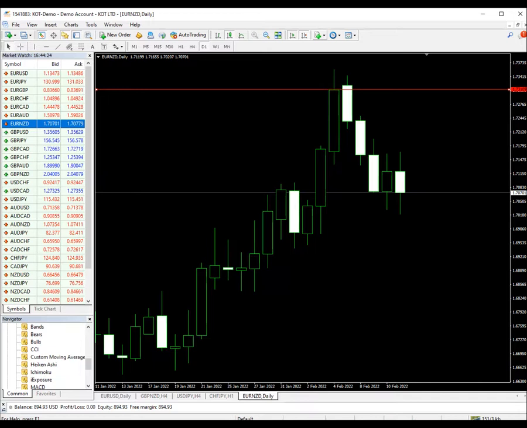And you can see for yourself that this pair actually sold for almost the whole week. So this was on Friday when the market closed here. And then because I am in Ghana, the market opened on Sunday night around 10 p.m. here in Ghana. I don't know what time it will be in your country.